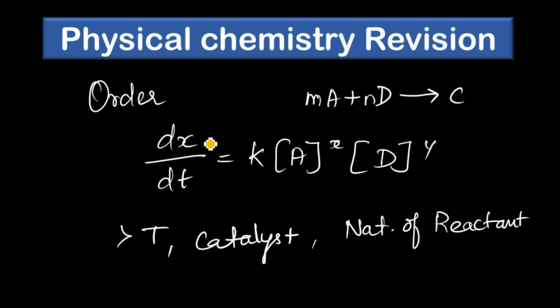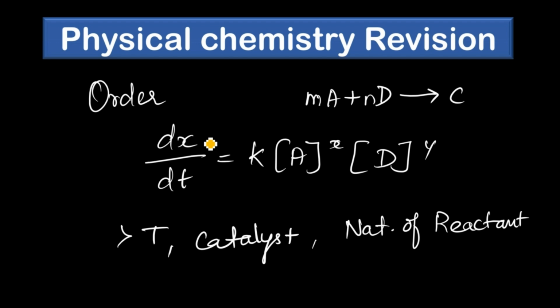Then next one will be order. So order of the reaction is defined as the total number of reacting molecules whose concentration determines the rate of the reaction, or we can say the total number of reacting molecules whose concentration changes during the chemical change. That's what the order is.